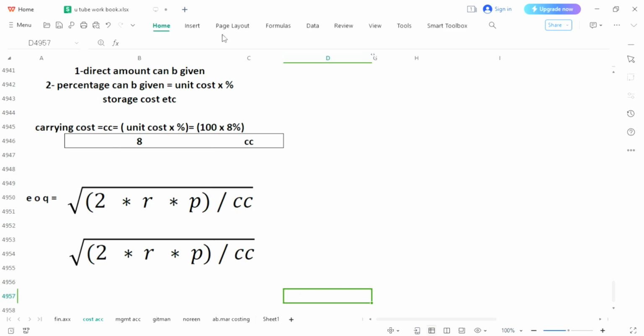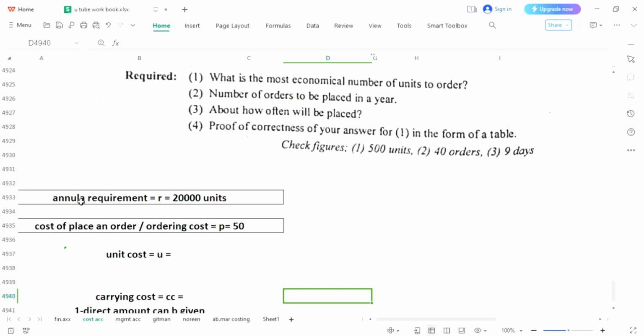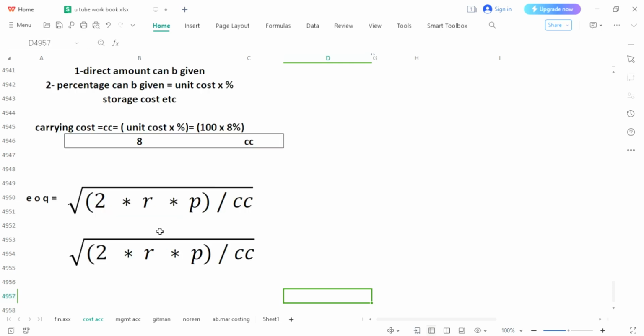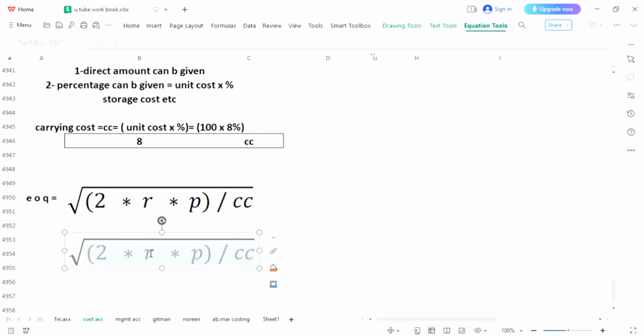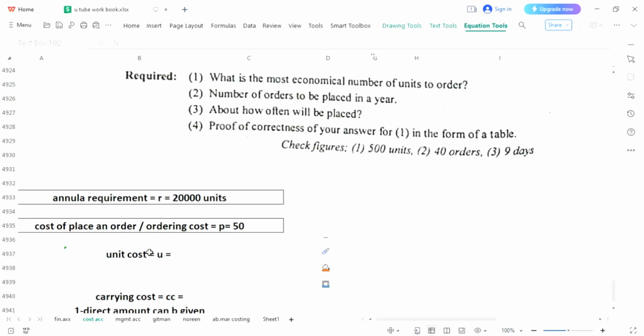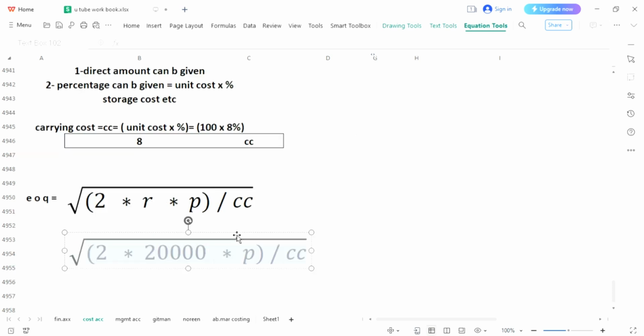Our annual requirement, as you can see over here, is 20,000 units. So in place of R, you will put 20,000. And next is cost of placing an order. For that, go back to the question. Cost of placing an order is 50, and you will put 50 in place of P.